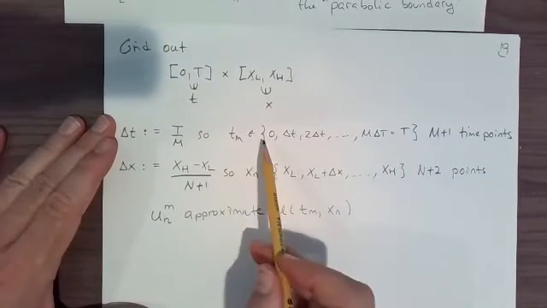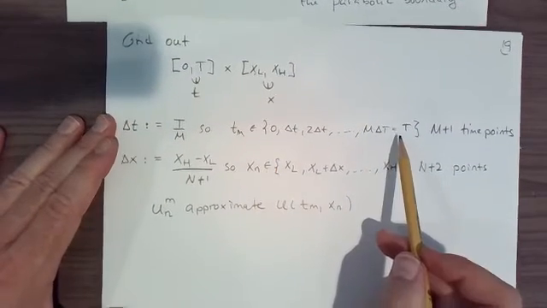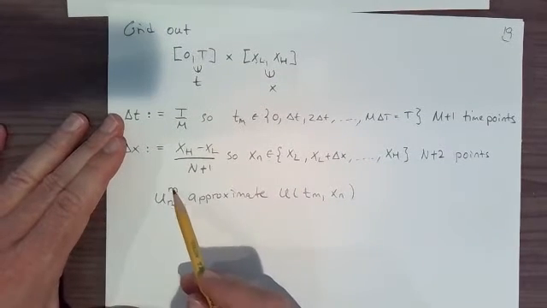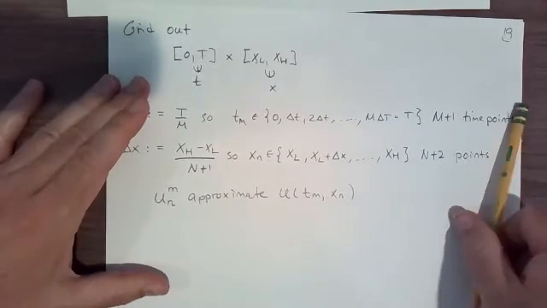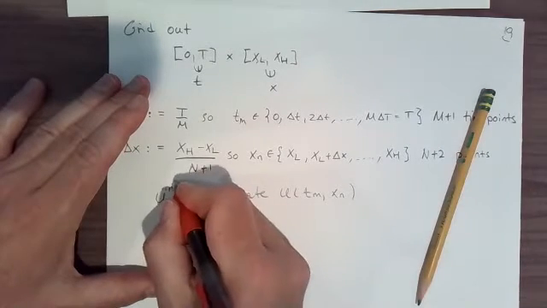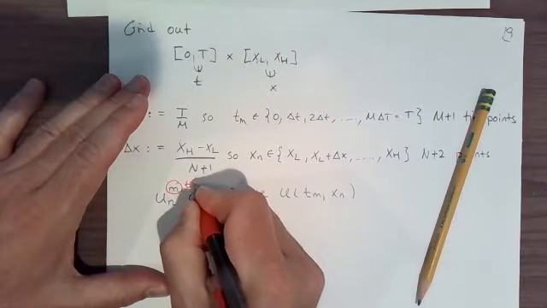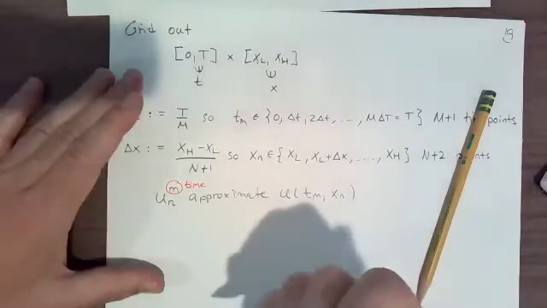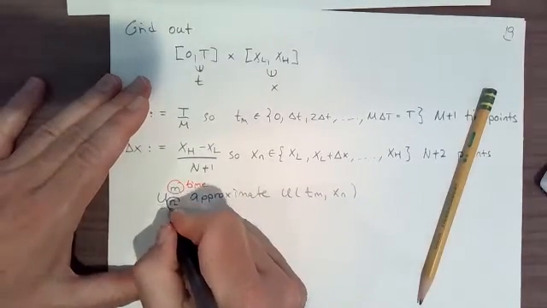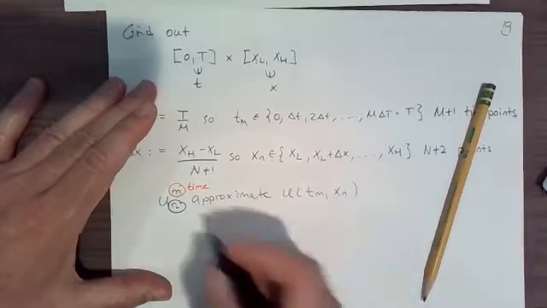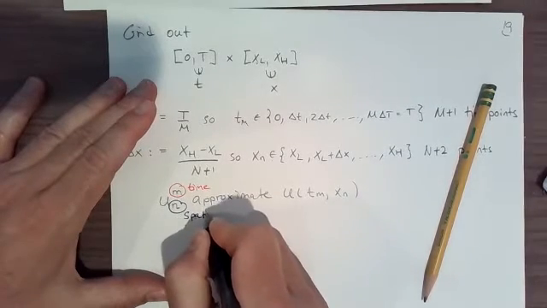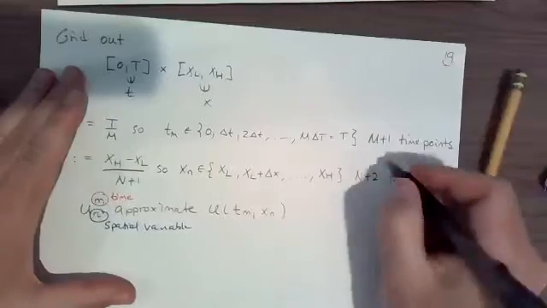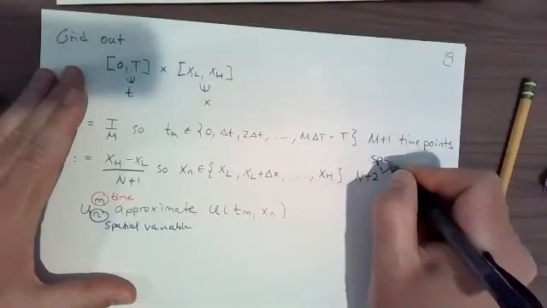These time points are given up here. t_m runs in the time grid, x_n runs in the spatial grid, and m is upstairs. This is the time variable, and this one here is the spatial variable. These are what we'll call spatial points.